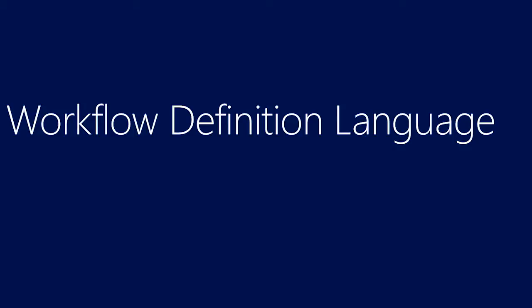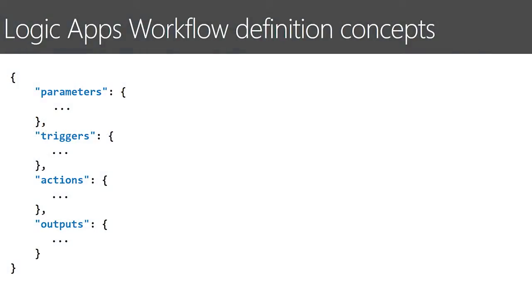Let's look at the workflow definition language. At its core, the Logic Apps workflow definition language has 4 parts: parameters, triggers, actions, and outputs. We'll talk about the first three today.